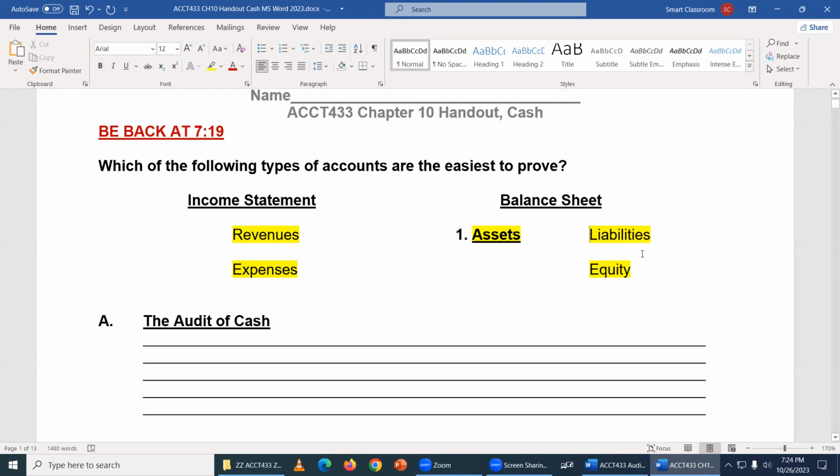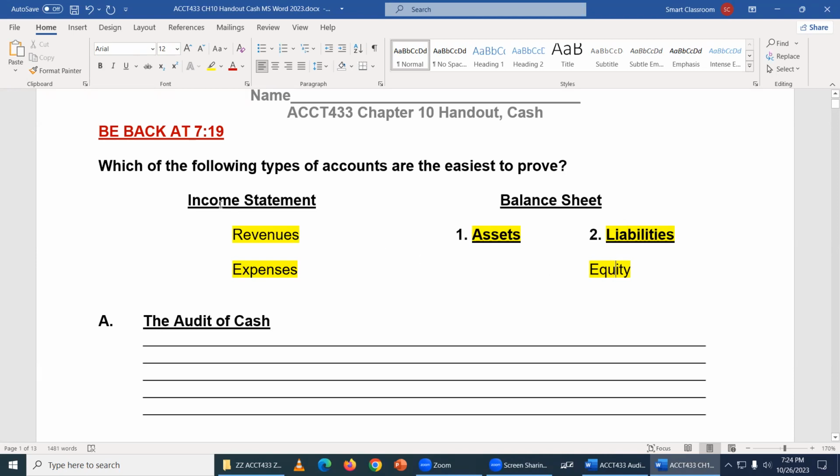Next easiest would probably be the liabilities, because these are paid. Whenever you see something being paid, you probably can make the inference that that was a liability. So when we do an audit, we'll beat up the assets, we'll beat up the liabilities, and notice that if the assets and liabilities are okay, that tells us that the equity is okay.